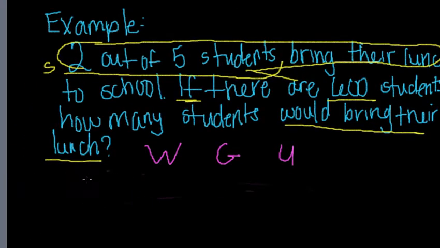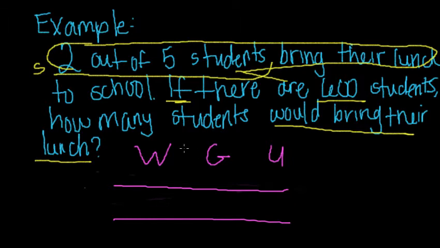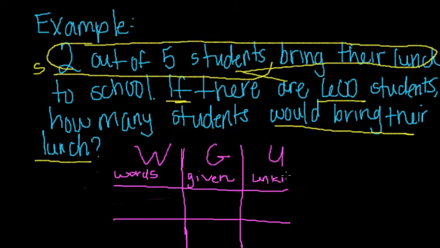That's better. Okay. There we go. Okay, and in each part, this W stands for words. What it is it's talking about. The G is what is given to us, or the statement, and the U stands for unknown. We're trying to figure something out.